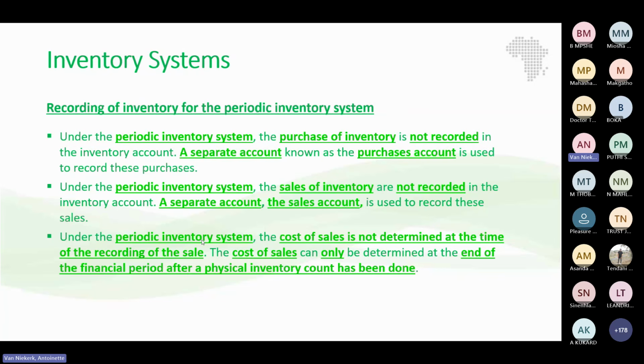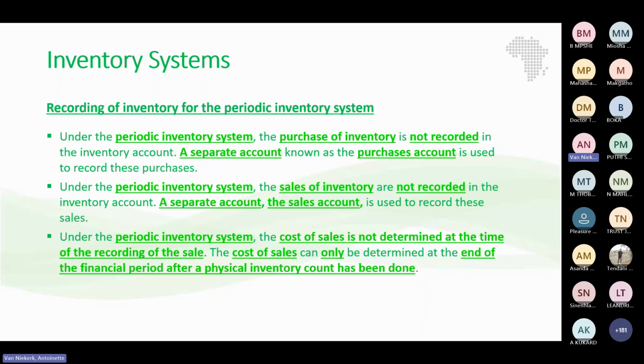Still under the periodic inventory system, cost of sales is not determined at the time of recording the sale. The cost of sales can only be determined at the end of the financial period after a physical inventory count has been made. So basically, with the periodic inventory system, make a mental note: your inventory account is not applicable.